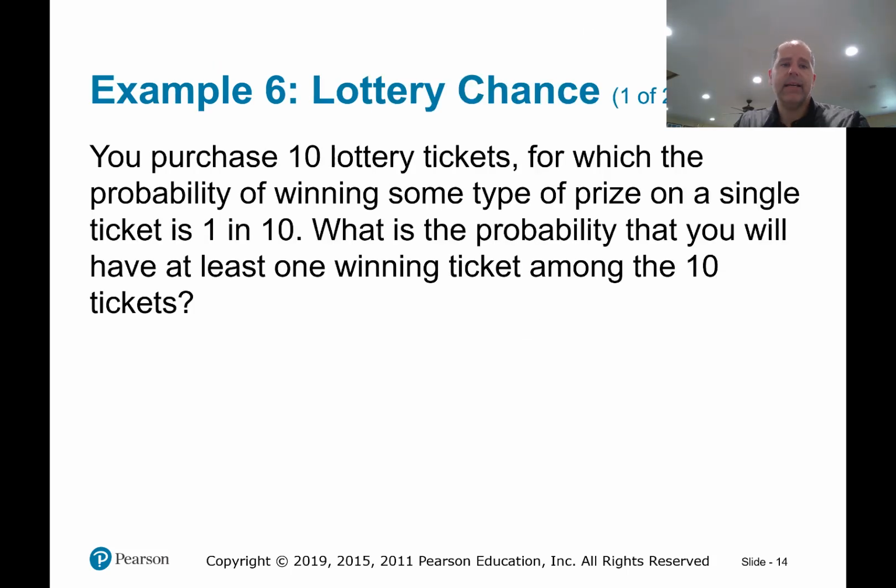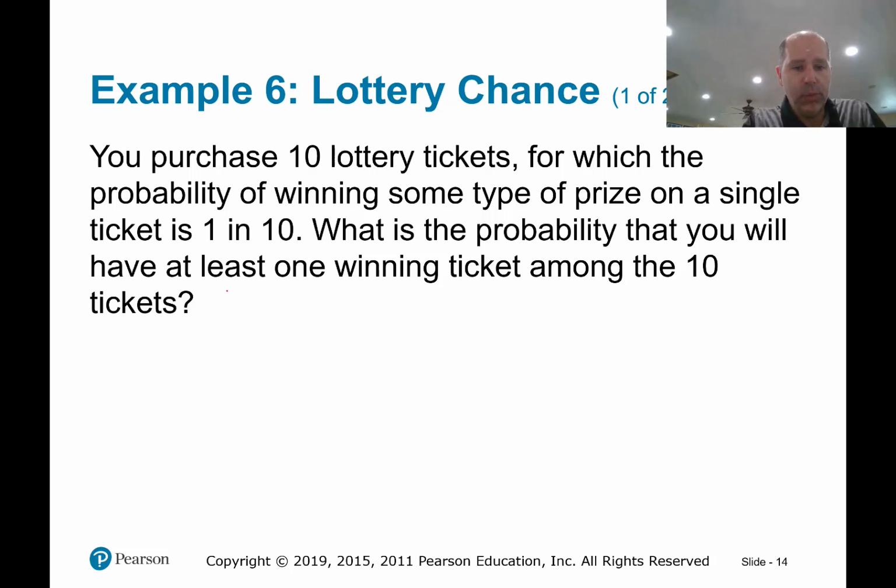All right, let's look at this. You purchased 10 lottery tickets for which the probability of winning some type of prize on a single ticket is 1 out of 10. What is the probability that you will have at least one winning ticket among the 10 tickets? So you purchased 10 tickets, right? And you want the probability of having at least one winning ticket. So again, I would use the complement rule here.